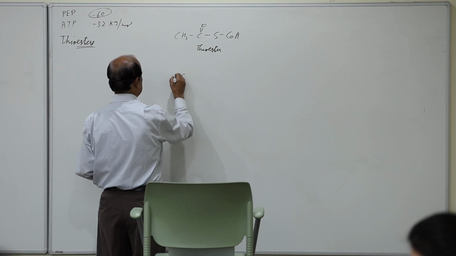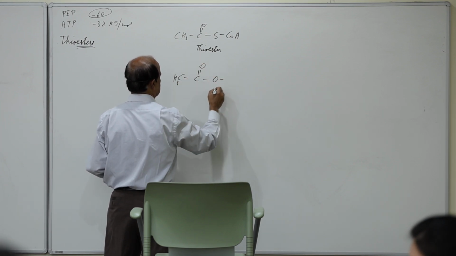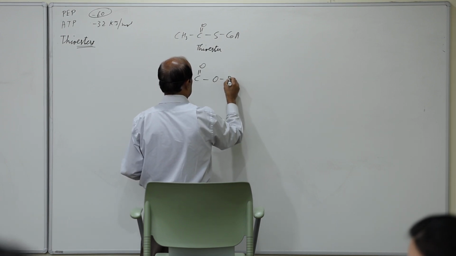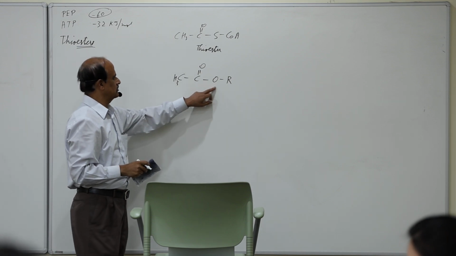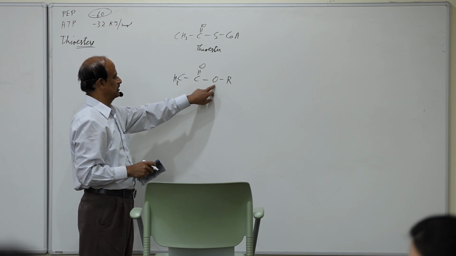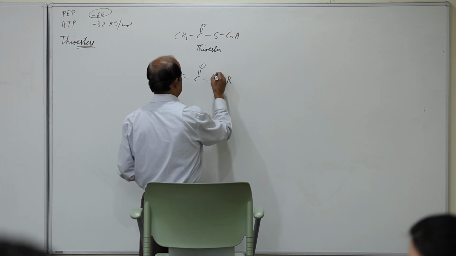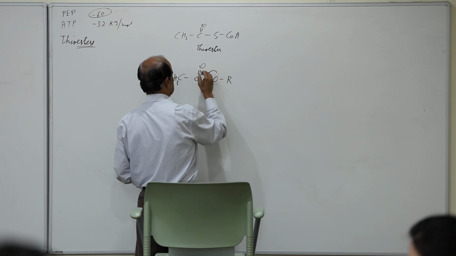So let's draw a regular oxoester. So this is an oxoester, not a sulfur, but oxygen. And as you know, there are 2 electrons here. So you have a resonance structure. These electrons go here.